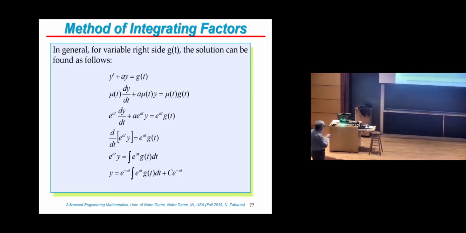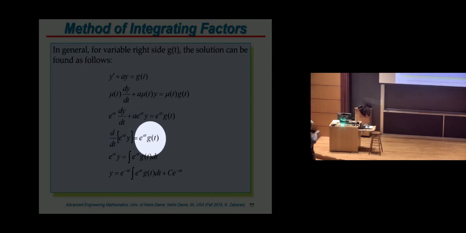So what would we like d mu over dt to be equal to? d mu over dt equal to a times mu, which means it's going to be e to the what power? e to the at, okay? So remember, mu has to be e to the at. So the left-hand side will become the derivative of this.